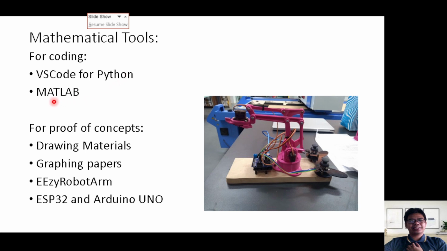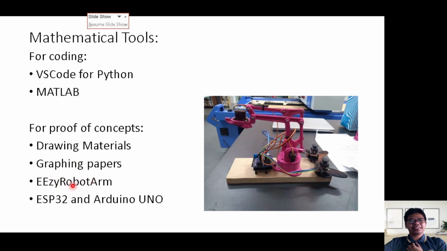Then MATLAB, a powerful mathematical software that will aid us in analyzing data, solving equations, and simulating various scenarios within our robotic endeavors. For proof of concepts, we will need drawing materials so that we can sketch and visualize our concepts before bringing them to life. Graphing papers offer a structured canvas to plot and analyze mathematical functions and designs.